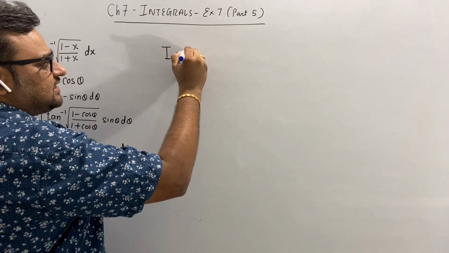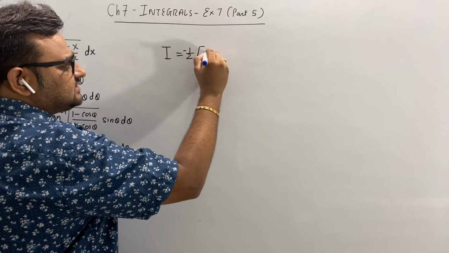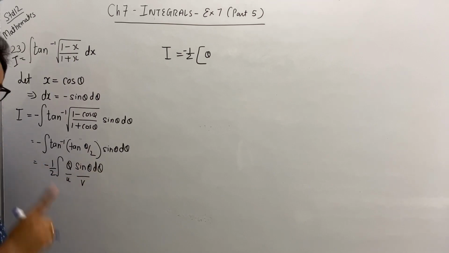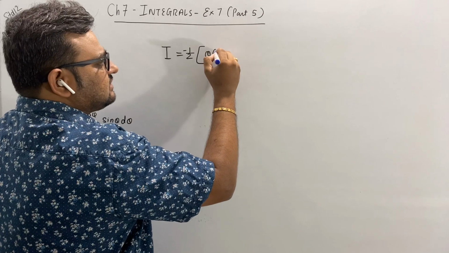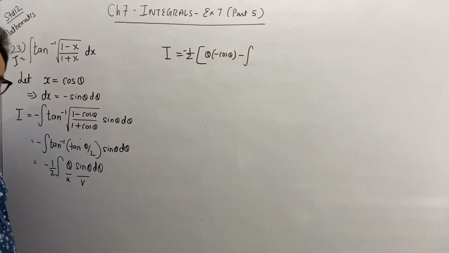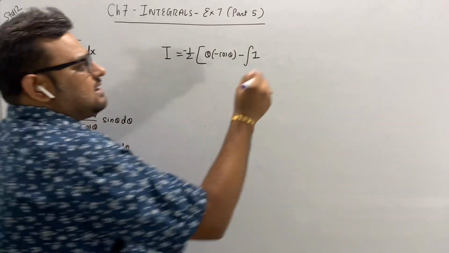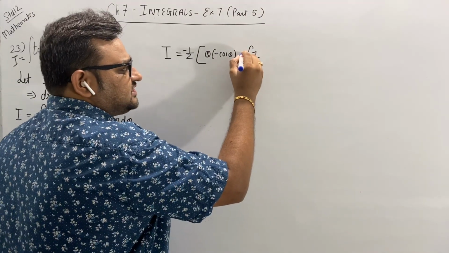First minus 1 by 2, u as it is means theta, integration of sine theta is minus cos theta, minus derivative of u, that is d theta by d theta, 1, into integration of sine theta, minus cos theta. So I'm changing this sign.